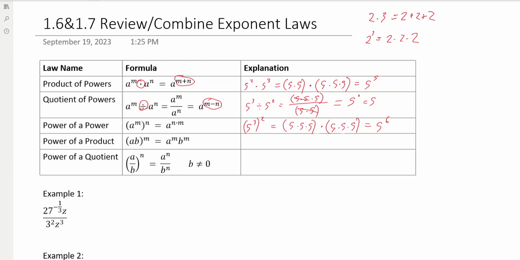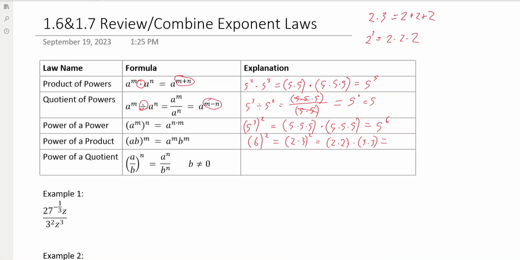And then the next 2 rules are kind of obvious rules that are the same as any other bracket situation. When you multiply a bracket, it multiplies into the brackets, like inside. Same thing with an exponent. So an example could be 6 to the 2, which could be broken up as 2 times 3 to the 2, which could be broken up as 2 times 2 times 3 times 3.